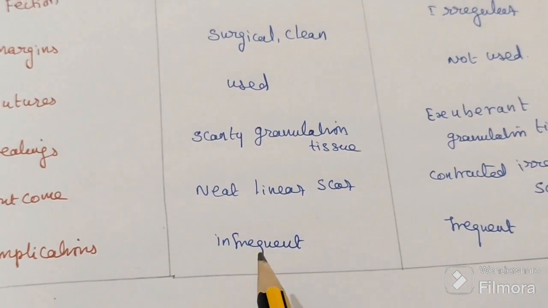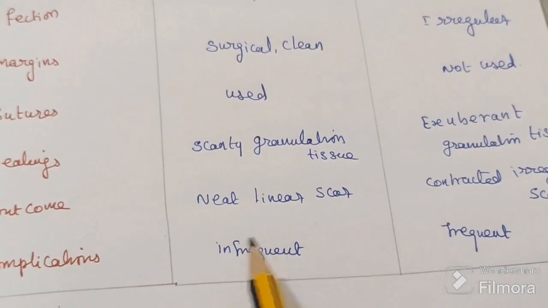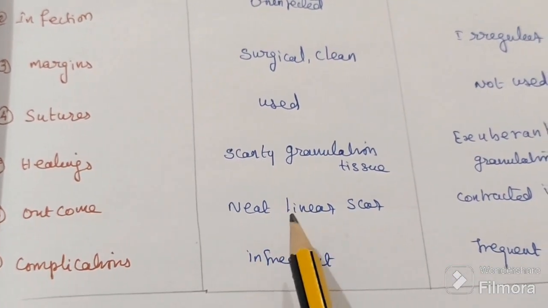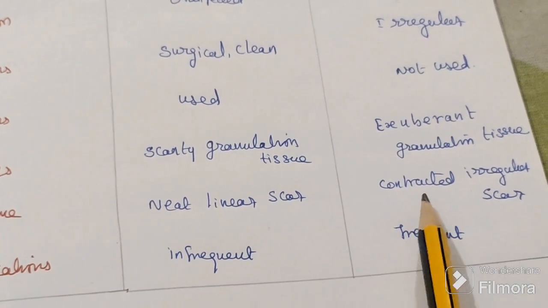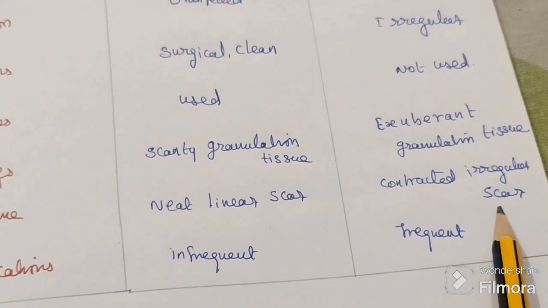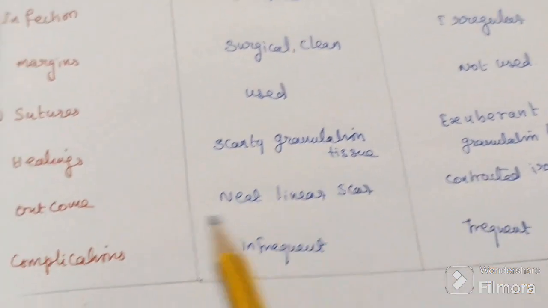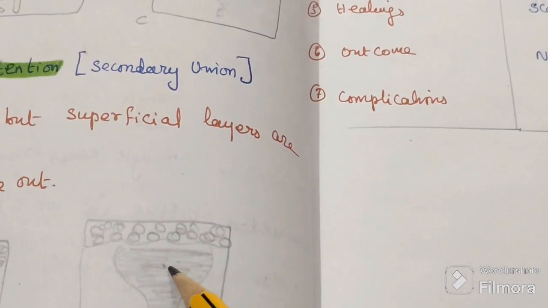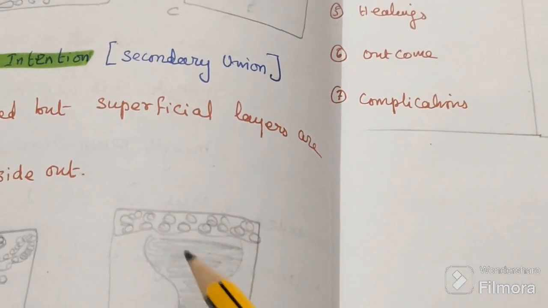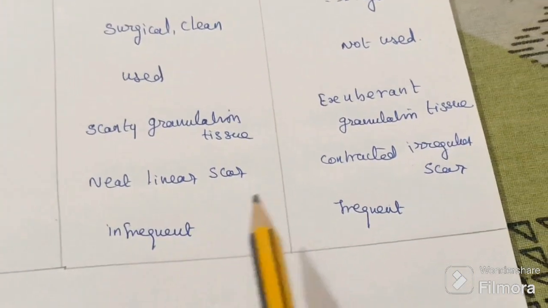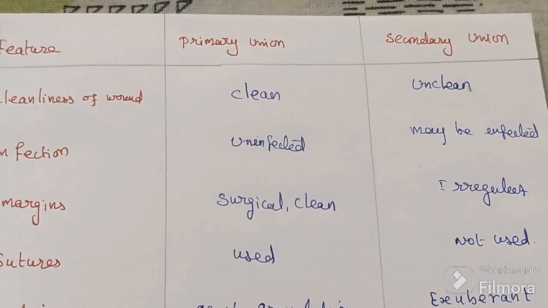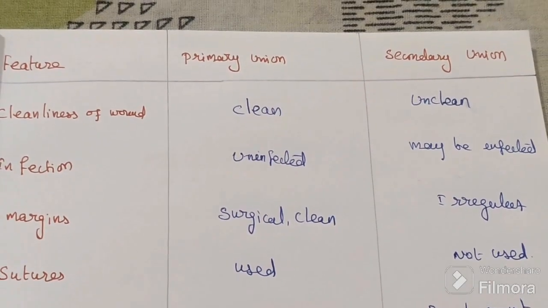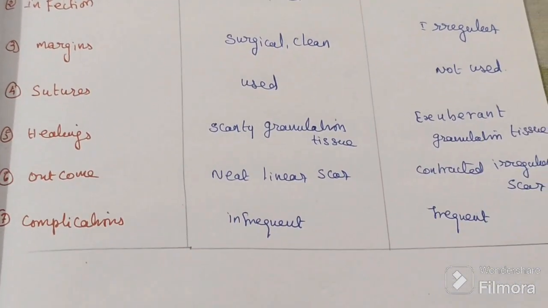Complications are infrequent in this one, frequent in this one. The outcome here is a neat line scar, here a contracted irregular scar because abundant granulation tissue is present. These are the two types of healing, primary union and secondary union.